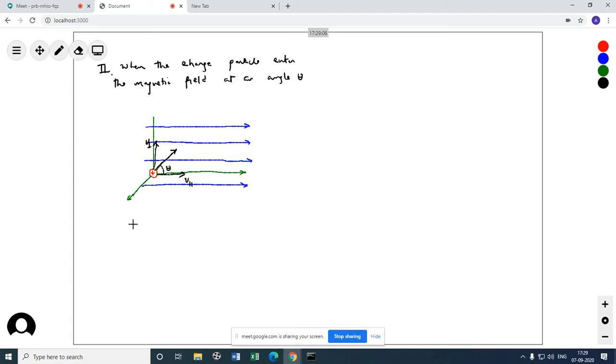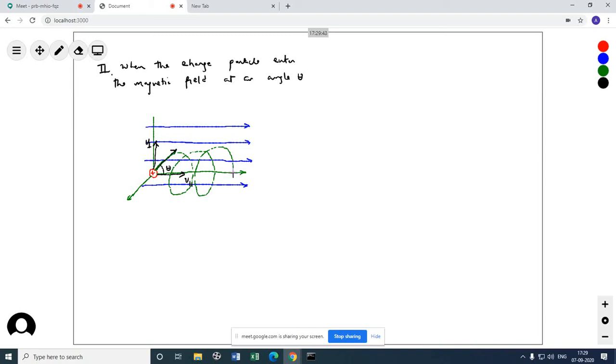The perpendicular component will make the particle go in a circle, circular motion about this axis. But the parallel component is also there, so it will try to take the particle in the forward direction. As a result, its path will be a helical path.